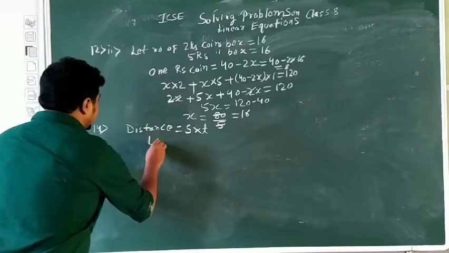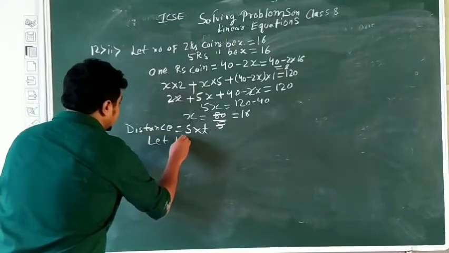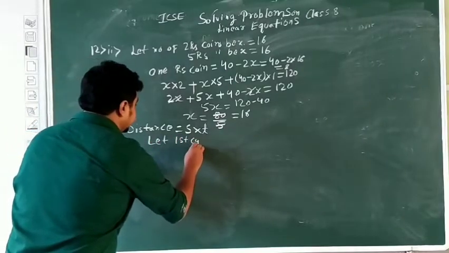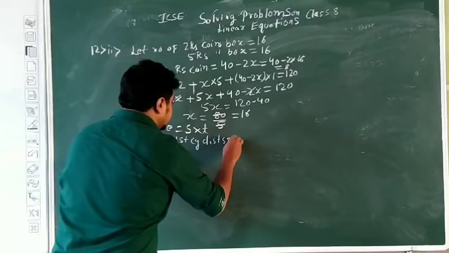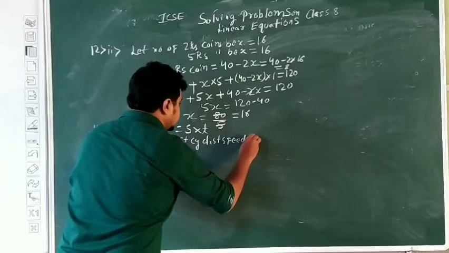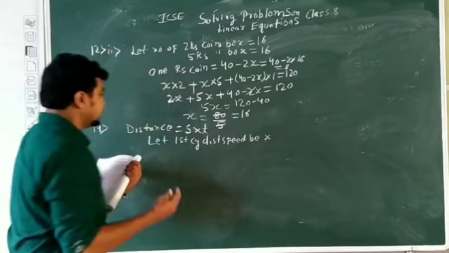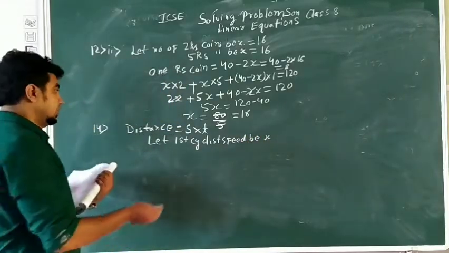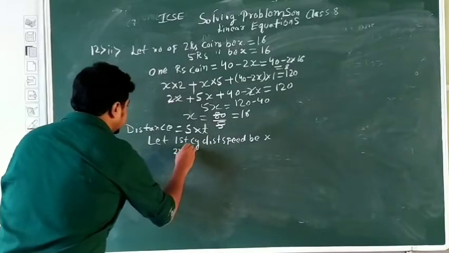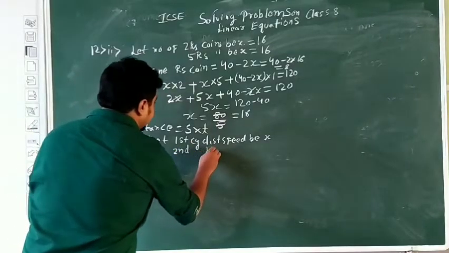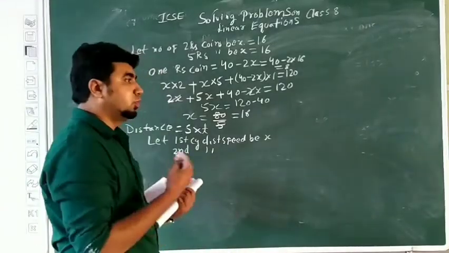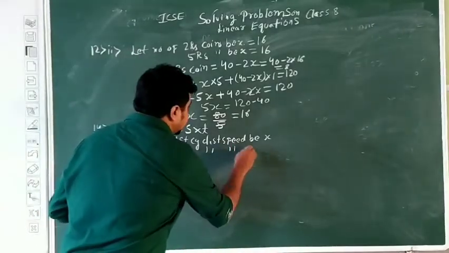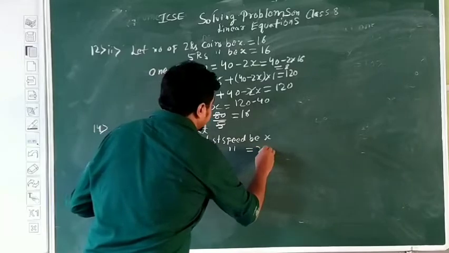Then I can write, let the first cyclist's speed be x. Then the second cyclist's speed, it is given he travels with a speed 1 kilometer per hour more, will be x plus 1.